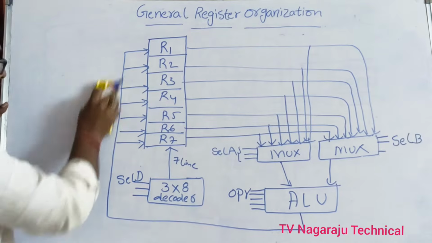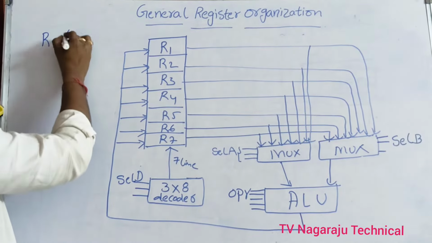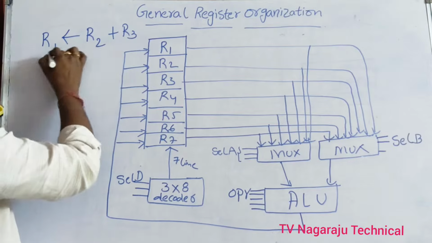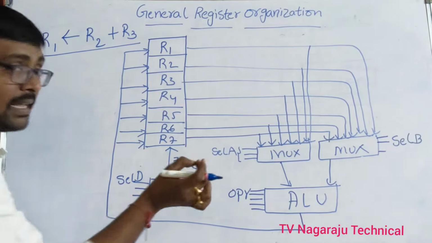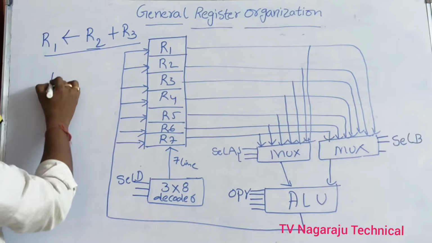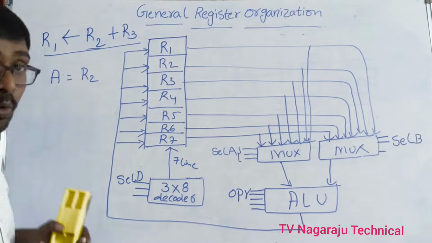Now for understanding, what is the example we discussed? R1 ← R2 + R3. Now the meaning is, the first multiplexer, that is selection A, selects the register R2, so A consists of register R2.